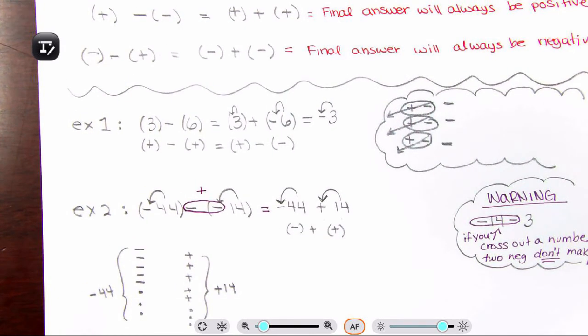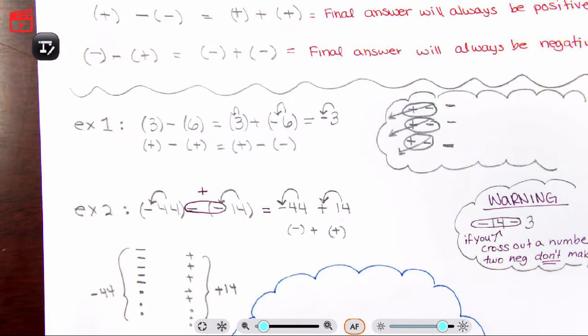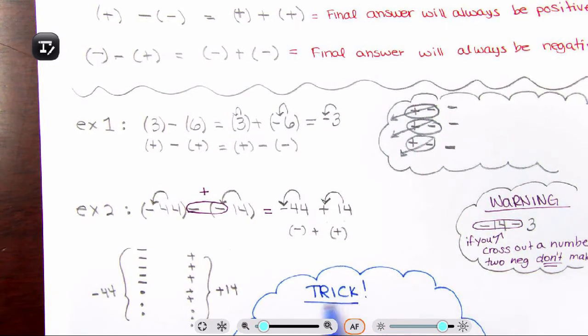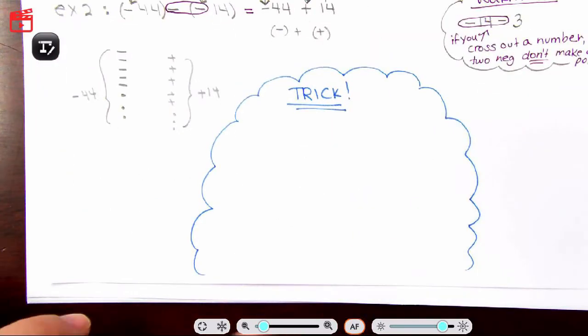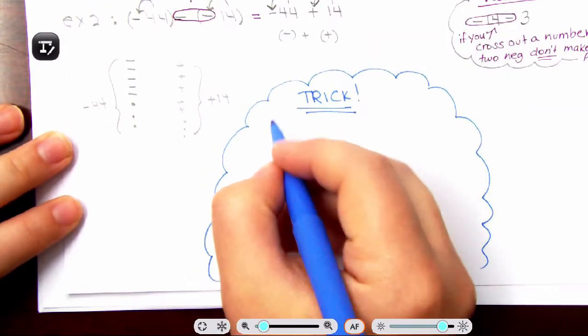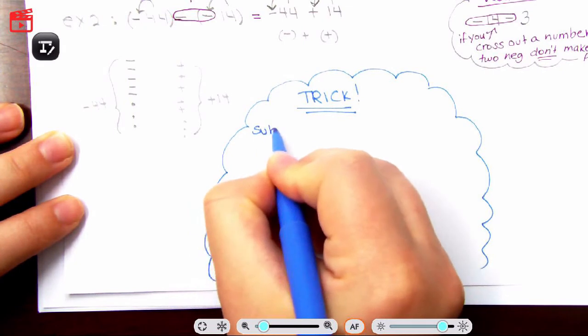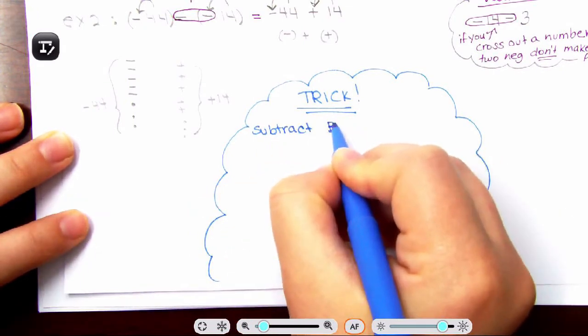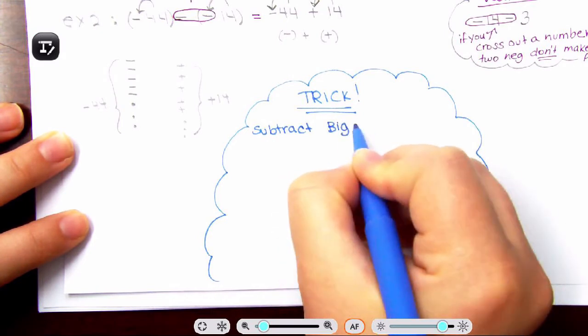Again, we're doing a lot of thinking bubbles today. If the signs are different, you're going to subtract big minus small.